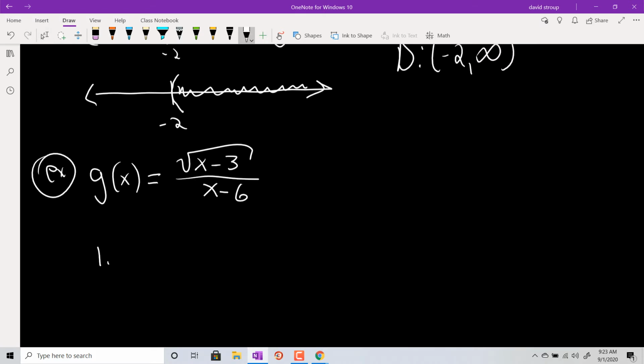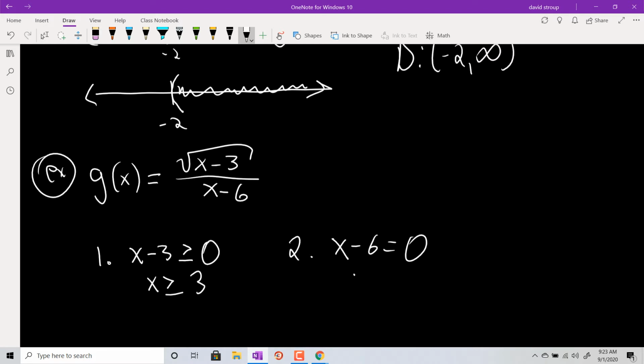Again, there are two issues at hand. We need to make sure that the stuff in the radical is not negative, so we need to ensure that x is greater than or equal to 3. And then secondly, I need to make sure x minus 6 is not 0, so x is not equal to 6.